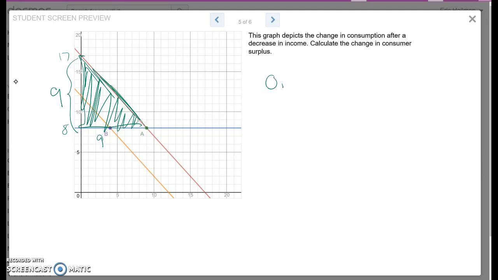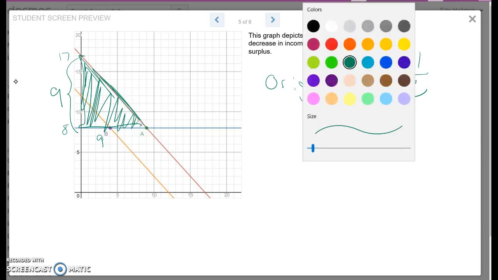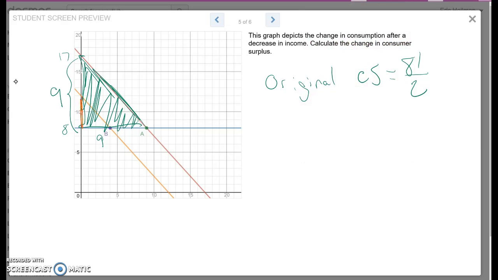So the original consumer surplus is 81 halves, 9 times 9 over 2. The new consumer surplus is just the small triangle because your income went down. It looks like this is 4, this is 12 minus 8, so this is only 4.